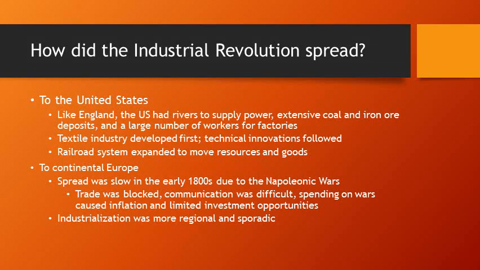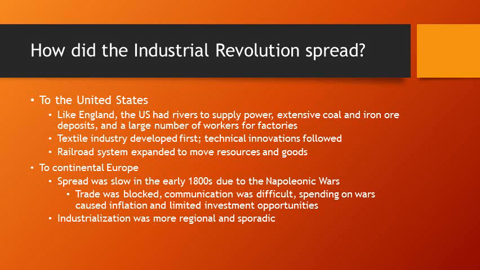The textile industry developed first, followed by technical innovations and inventions, and the railroad system expanded to more easily transport resources and goods. In continental Europe, the spread was slower, in large part due to the Napoleonic Wars of the early 1800s.